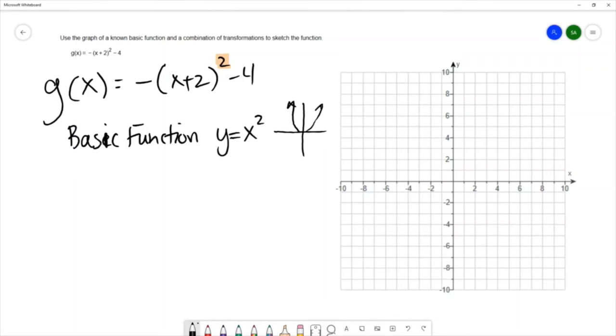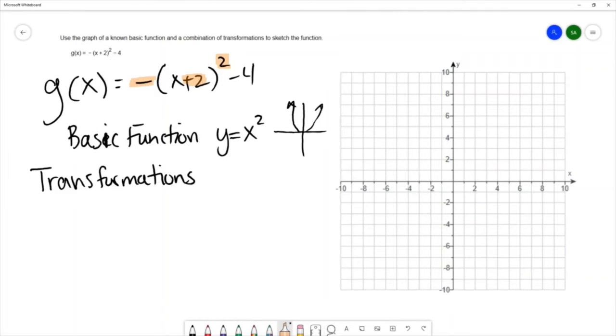And then we have a bunch of transformations that are occurring for this function. These transformations are the negative, the +2, and the -4.